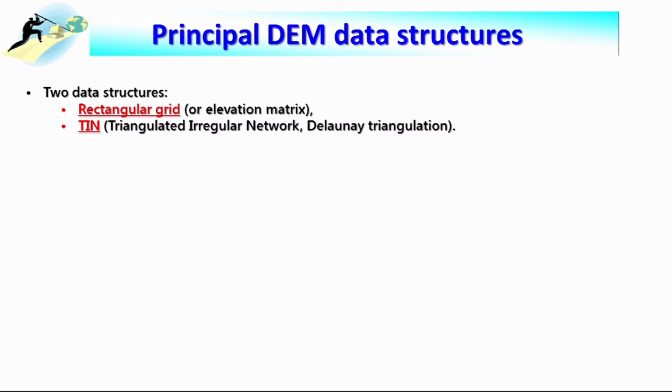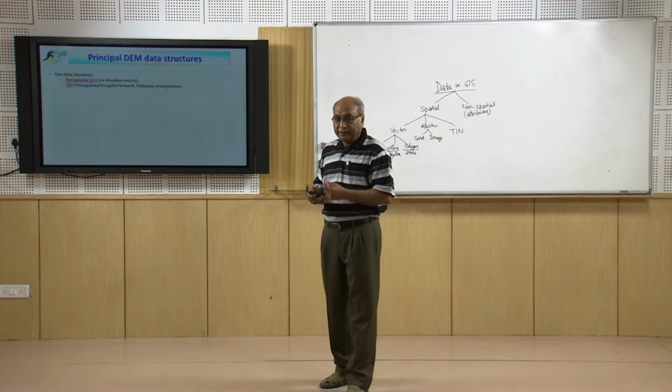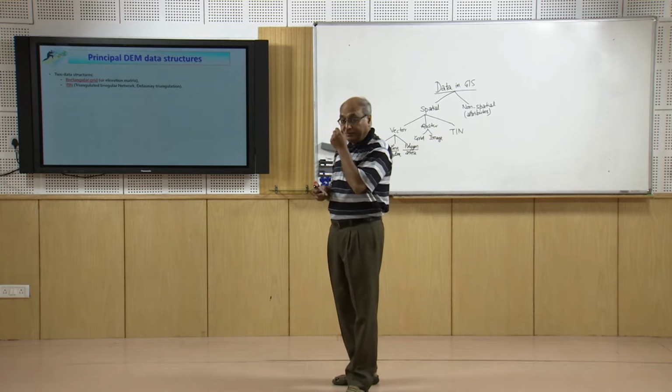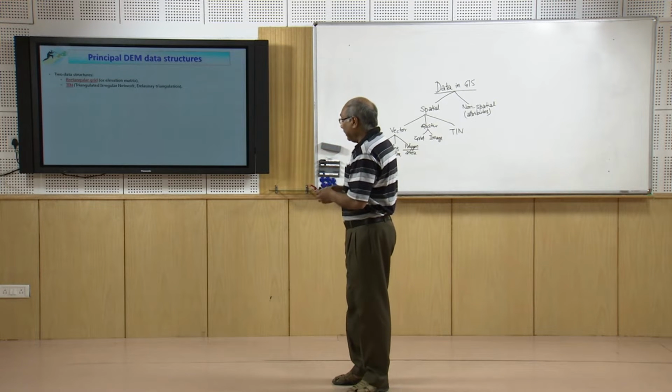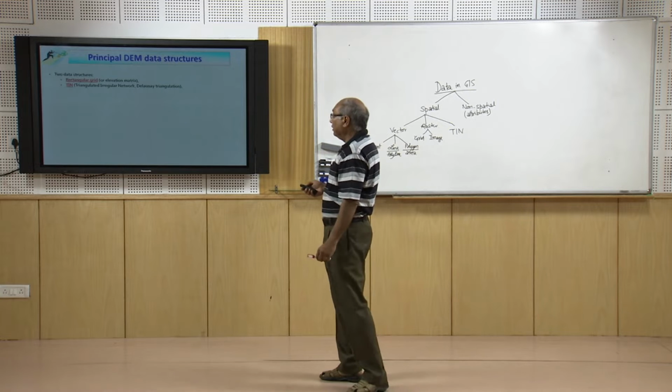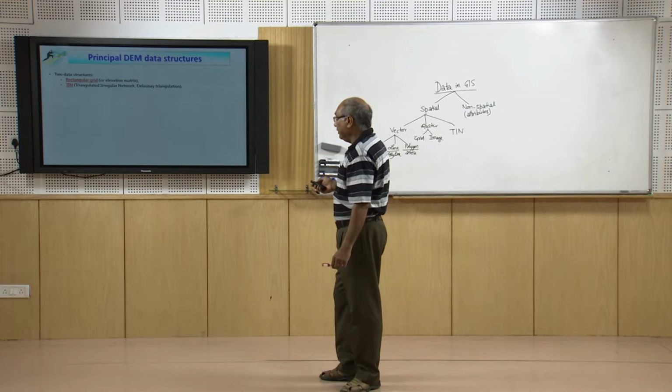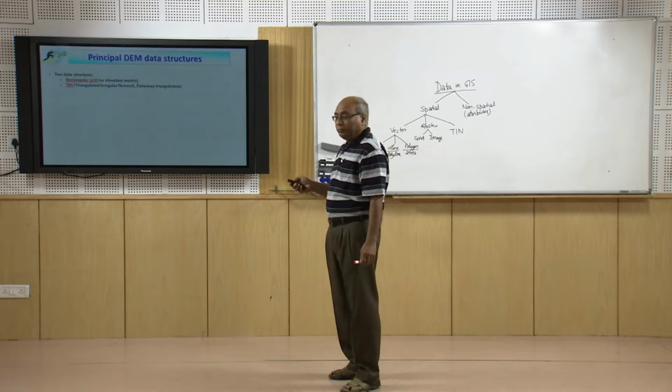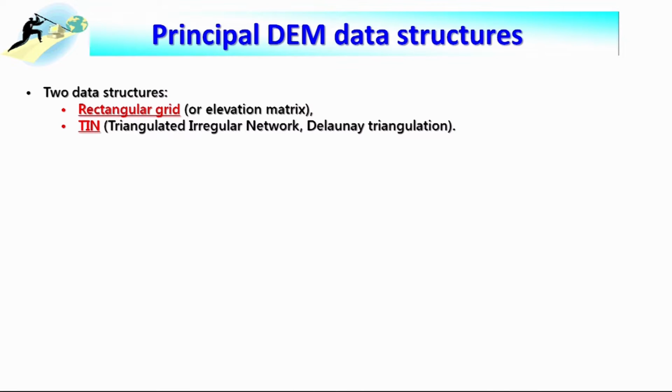In case of TIN, it is a triangulated irregular network. That means there are a series of triangles of different shapes and sizes, and this shape and size is decided based on a concept given by Delaunay triangulation, which we will discuss a little later.